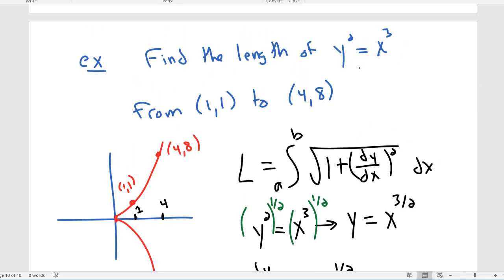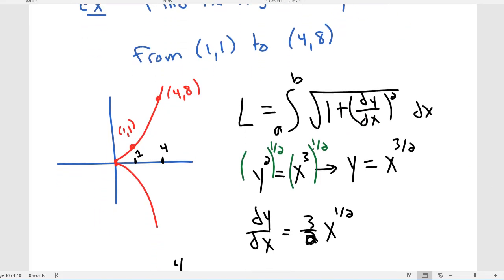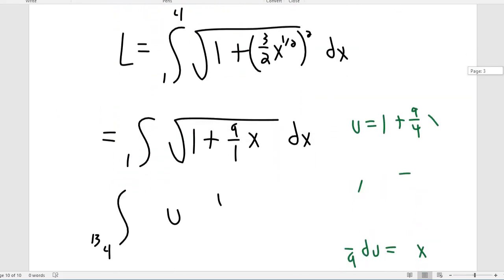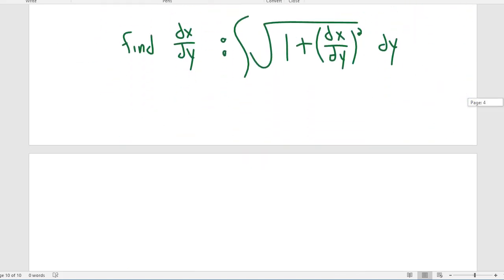Since we had y squared equals x cubed, we came down here and solved for y in my implicit equation, and then we took its derivative. But what we could have done is solve for x in that equation. You know what? Let's do that. Let's see that we would get the same arc length.